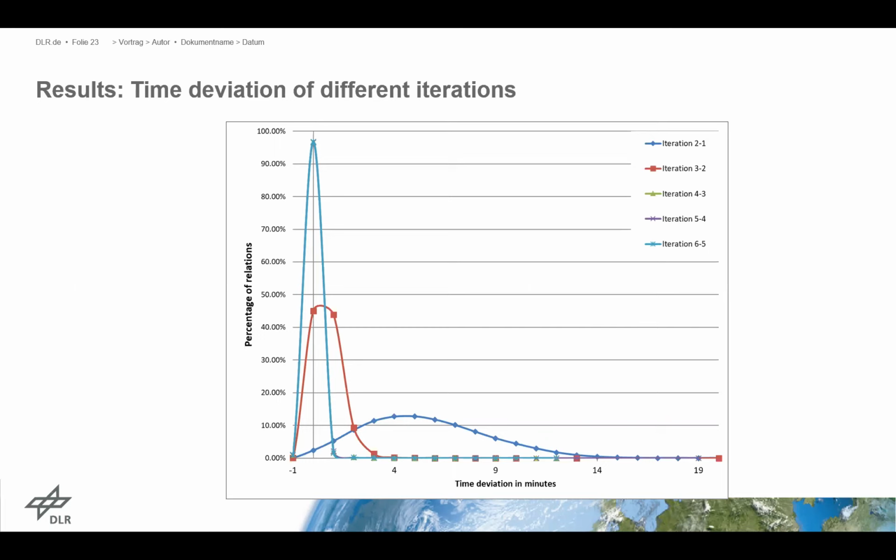Here you see the time deviation of different iterations. What I did is I took my initial travel times and planned some trips, put in the trips and fed them back to SUMO, and SUMO gave me new travel times. The first iteration is the blue curve at the bottom. And you see that there was a deviation of about 5 minutes.